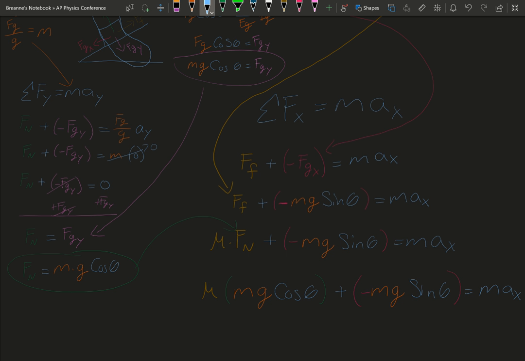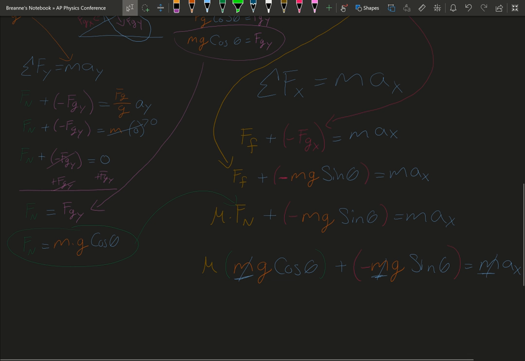Now, what happens when you have a variable in each little section? It can cancel out. So mass really doesn't matter. That's why I said you could plug it in if you need to, but mass doesn't matter. So you can cancel out your masses.